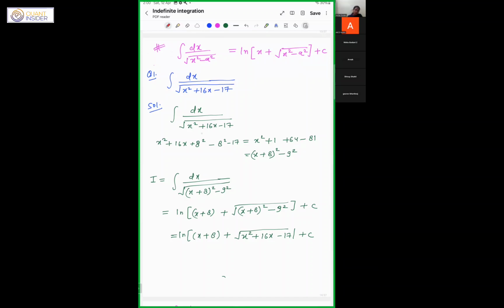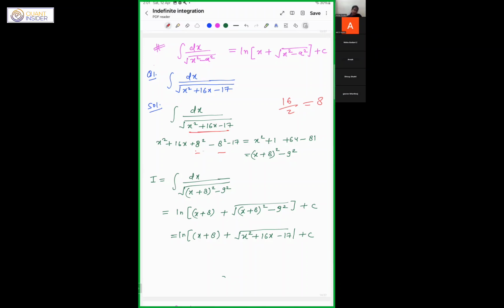So what you can do again is add and subtract the square of 8, that is, 8 square is added and subtracted. Why 8 square? Because 16 by 2 is 8. The coefficient of x is 16, and 16 upon 2 is 8. That is why we are adding 8 square and subtracting 8 square.